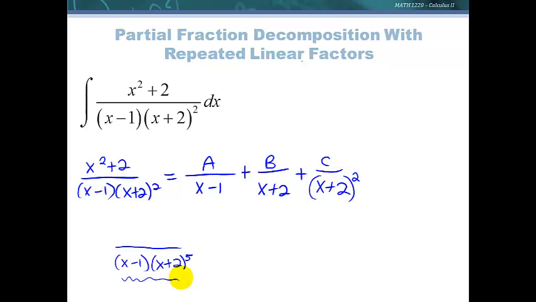So you'd need to consider all of those possibilities. So for repeated factors, we need a fraction for that factor to that power, and then we need one for each lower power. Now let's continue with the one we have.